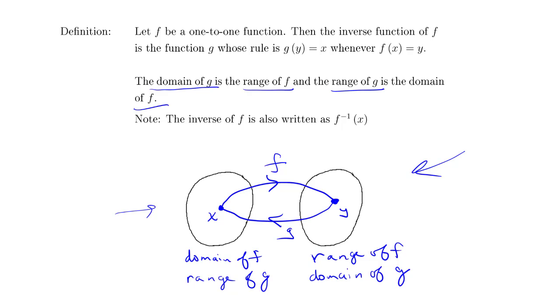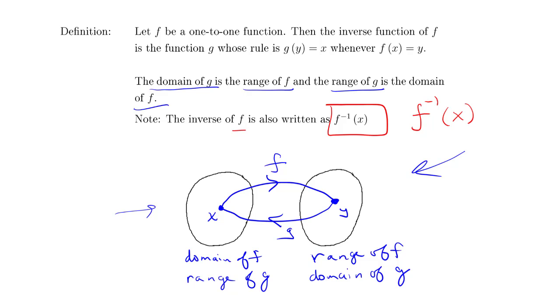Now, notationally, this is some unfortunate notation. If we have the function f and we want to talk about its inverse, we give it the notation f inverse of x.